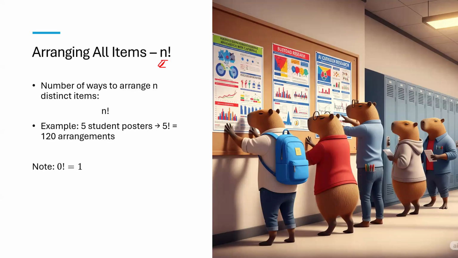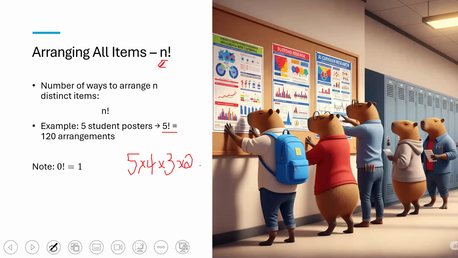For example, 5 factorial, written as 5 exclamation point like that, equals 5 times 4 times 3 times 2 times 1. Every number down to 1. Multiply this out. 5 times 4 is 20, times 3 is 60, times 2 is 120, times 1 is 120. It tells us how many ways we can arrange that number of items in order.